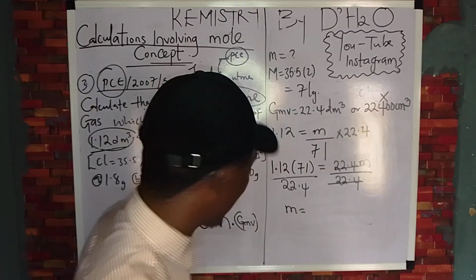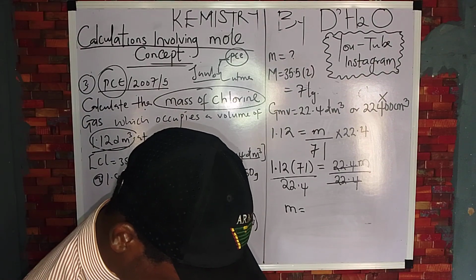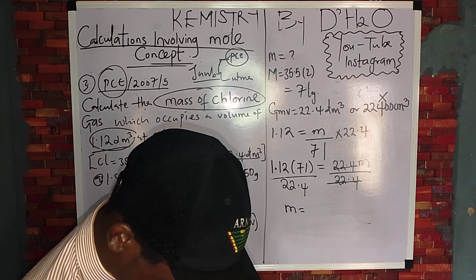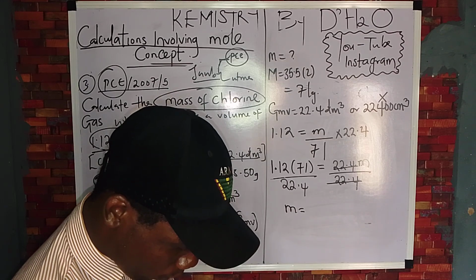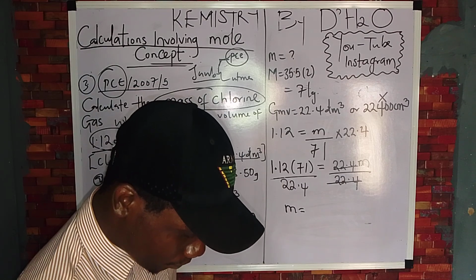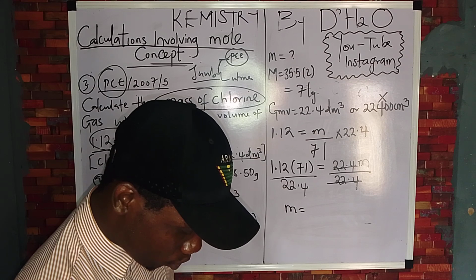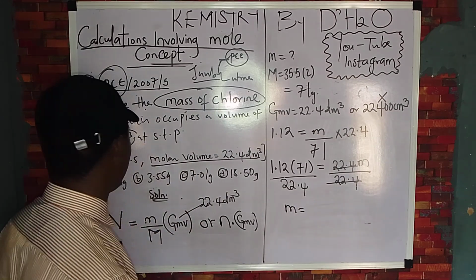Let's quickly use our calculator to do that. 1.12 times 71 divided by 22.4. You have 3.55 grams.